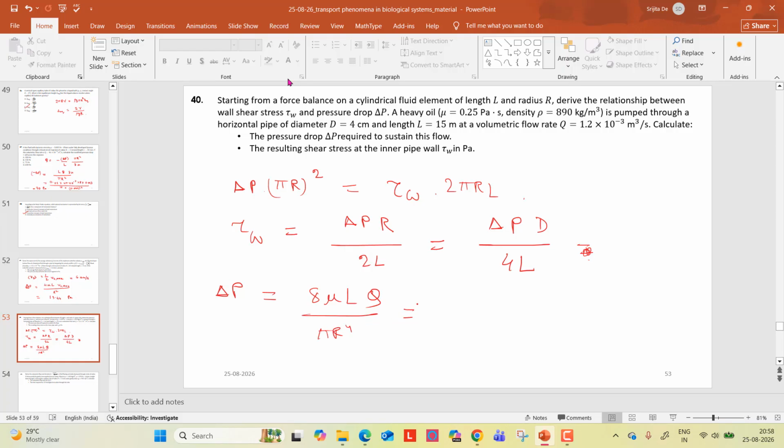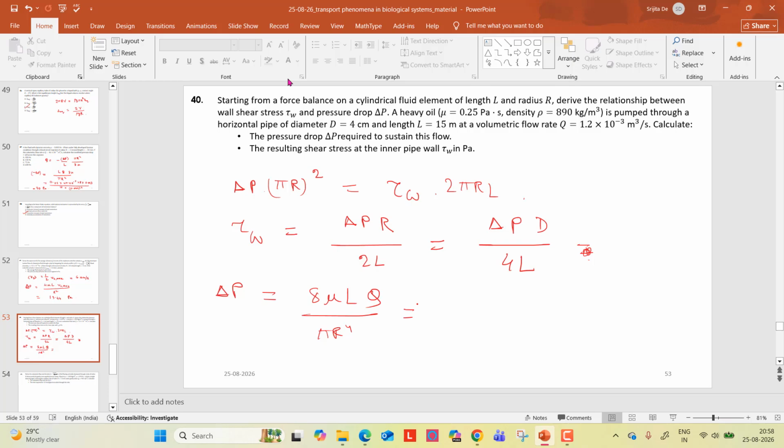Okay, so put the values here. 8 into mu, viscosity, is 0.25, into L is given as 15 meter, into Q is given as 1.2 into 10 to the power minus 3, divided by pi into R to the power 4.